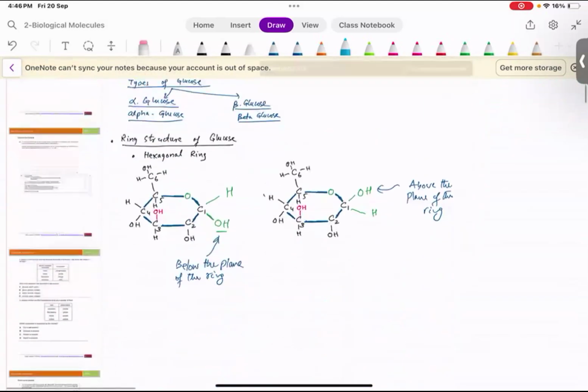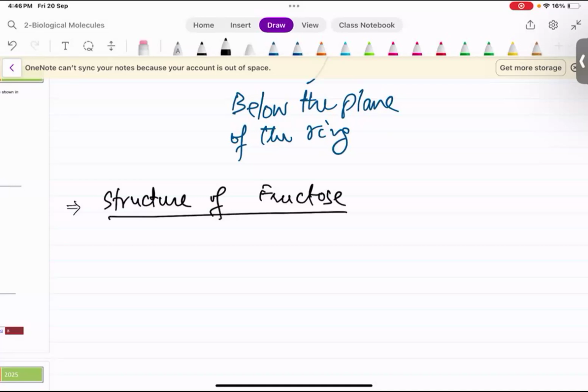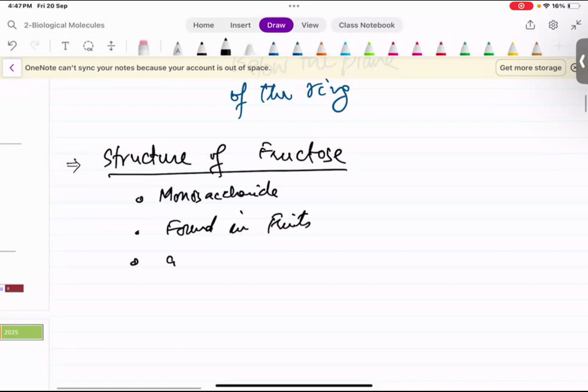Fructose, you know, is also a monosaccharide. And it is found in fruits and is a component of sucrose as well. Okay. So this is a hexose sugar.